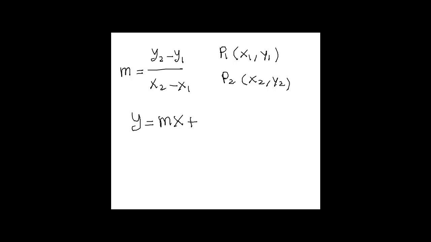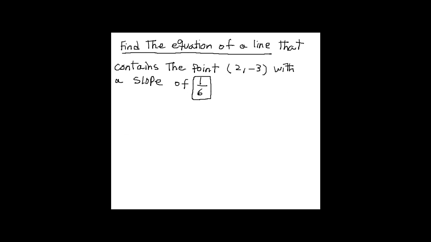Plus b, here you go, yeah. Now don't forget this, you need to know this formula. Every time it says find the equation of the line, right away you would say, all right, this is what I have. This means y is equal to mx plus b. In other words, if I use that formula, I can write the equation of the line.